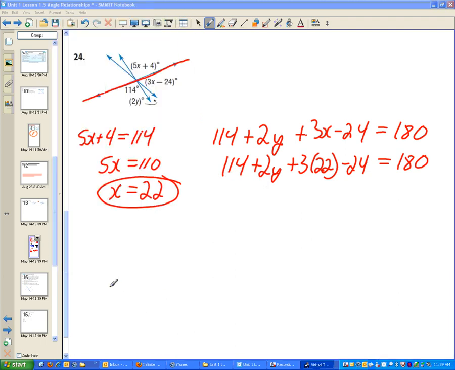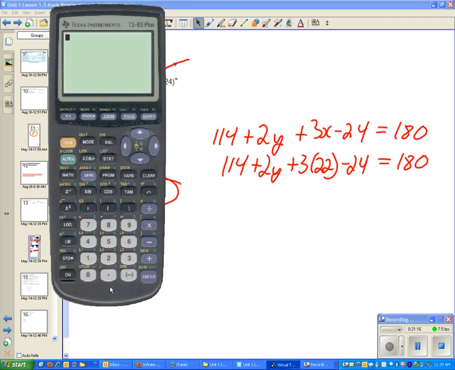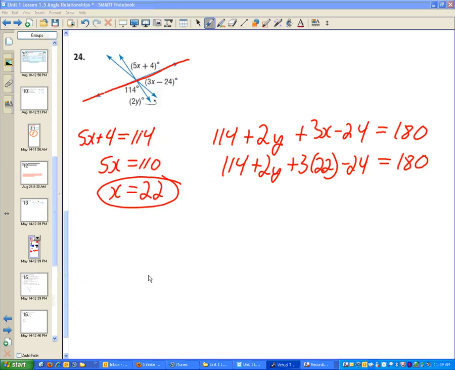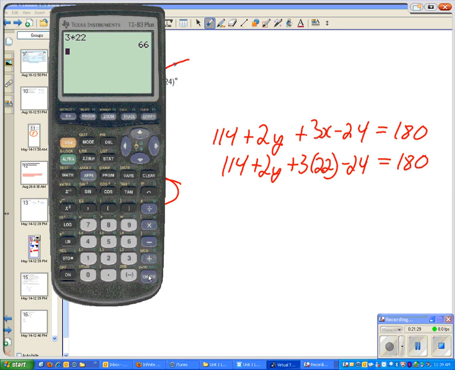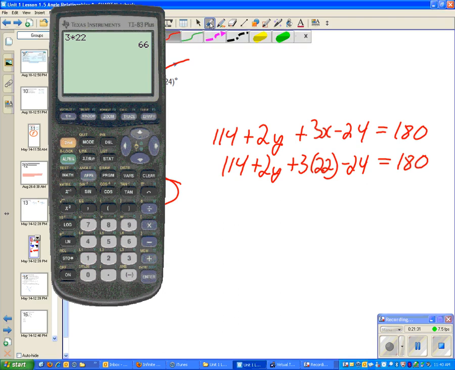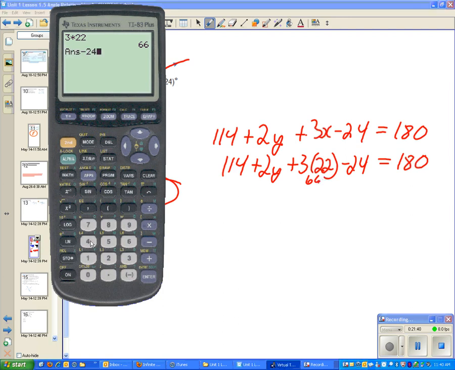So let's add together all the numbers on the left side of this equation. Let's simplify the constants. So I've got 3 times 22, that's a 66. So that 66, I need to subtract 24, and I need to add 114, don't I?